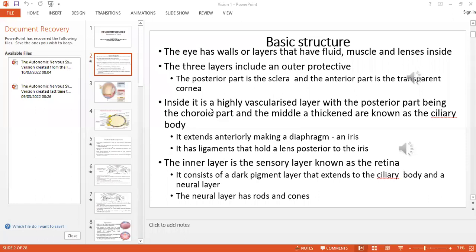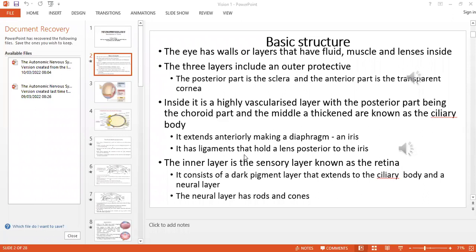But not only that, it can also absorb ultraviolet rays, or extra light, in the human eye. That's one of the functions of the choroid, because it also contains what we call melanin, which we'll talk about as we go down in the discussion.